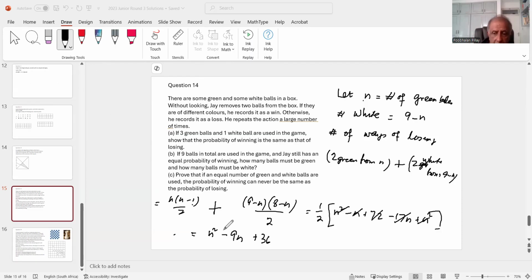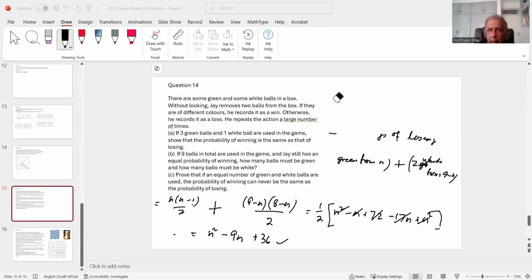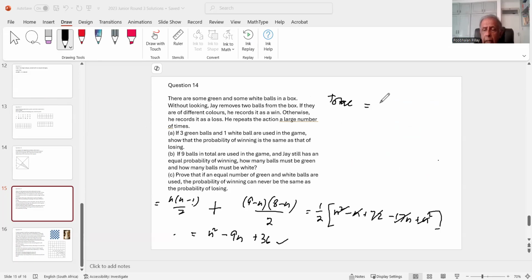So now we've got the number of ways of losing, and we need to know what the total is. So what is the total number of ways? This time you have to check: the total is the number of ways of choosing 2 from 9.